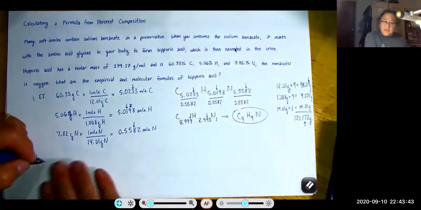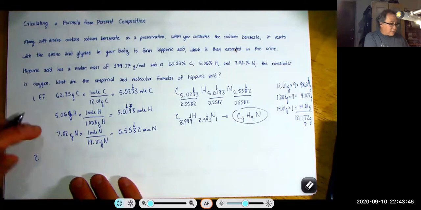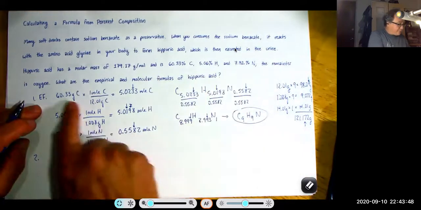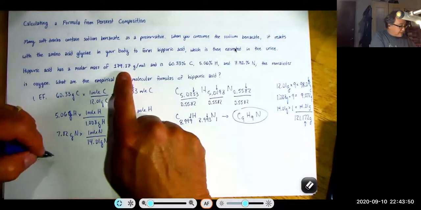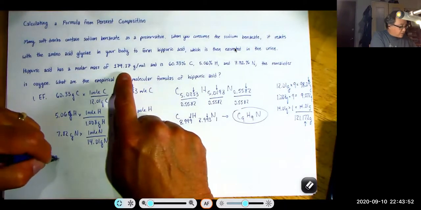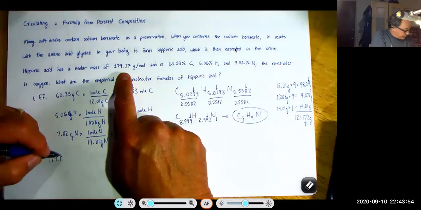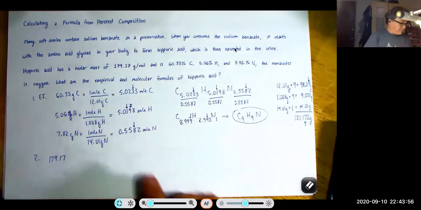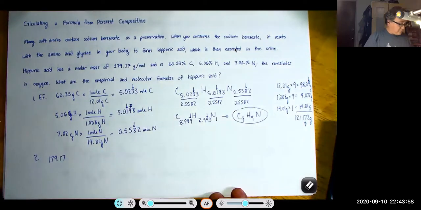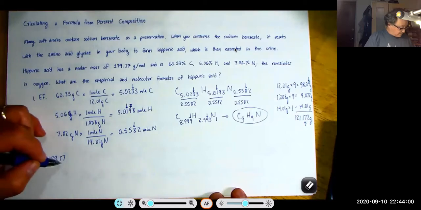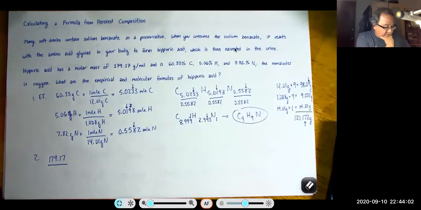So to get the molecular formula, I take the molar mass that we're given here. The molar mass is 179.17 grams per mole, divided by, did I do this right?